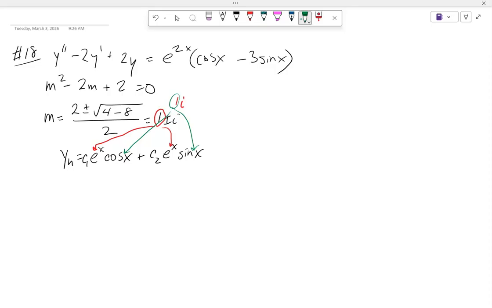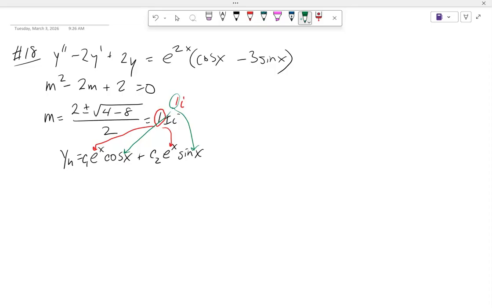I'm not sure the arrows were helpful, but that's how we're getting the different pieces. The i doesn't factor into the solution; the i is just telling you you've got a cosine and a sine.